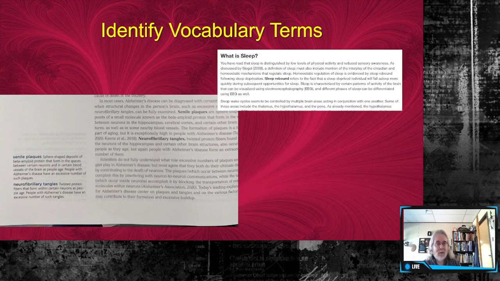So going back to what I was suggesting, the first thing is, can you explain this vocabulary term in your own words? That's going to be helpful to you. Then, can you go back and translate? So take your definition of, in this case, senile plaques, and compare it to how the textbook defines it. Can you do a translation back and forth?